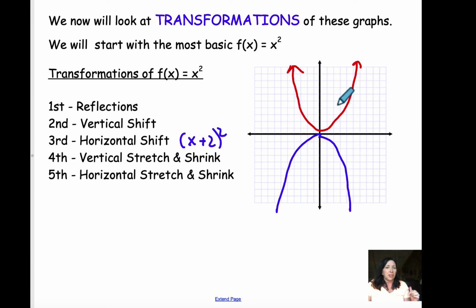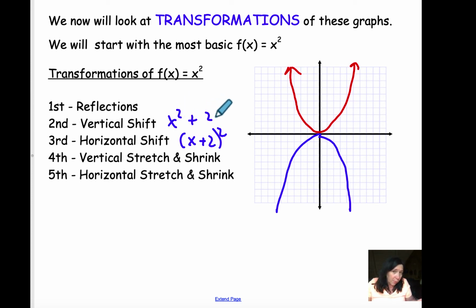Whereas a vertical shift means I'm taking my graph and moving it up or down. That value is going to look like x squared, and then plus some number, whatever that is, but it's outside. A vertical stretch or shrink is similar to a horizontal stretch or shrink.